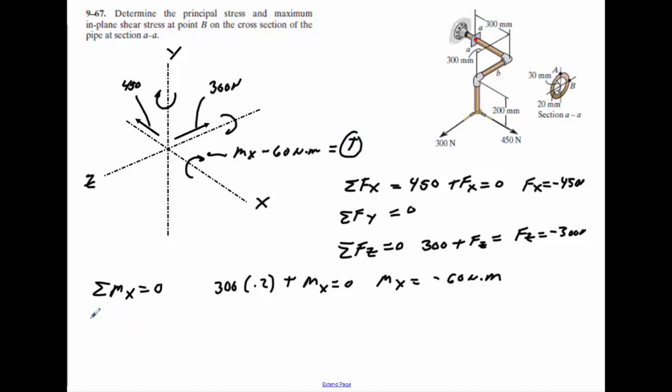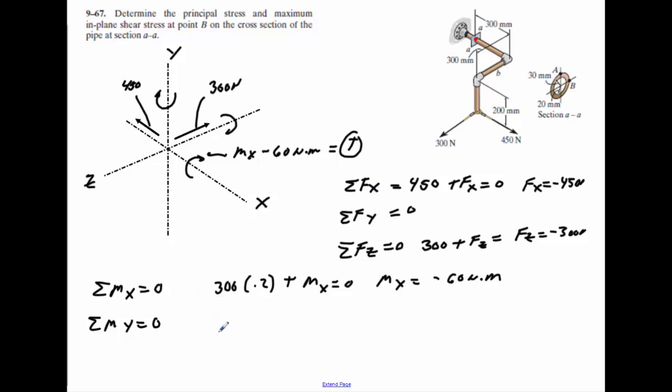Do the same thing here. We sum the moments around the y-axis and set that equal to 0. So when we do that, we're looking for x and z forces both. So if we do that, then we're most likely going to have them creating moments, each of these.